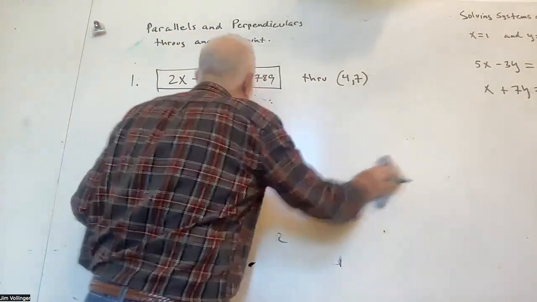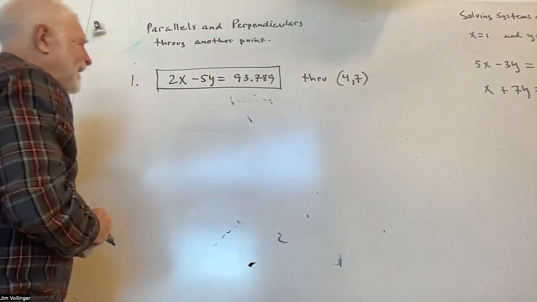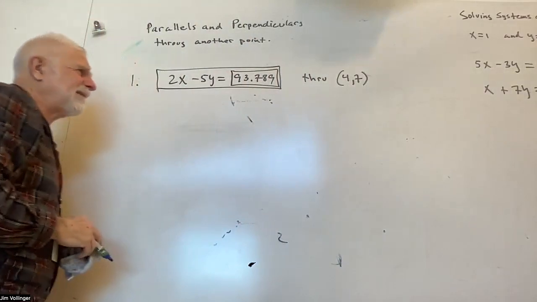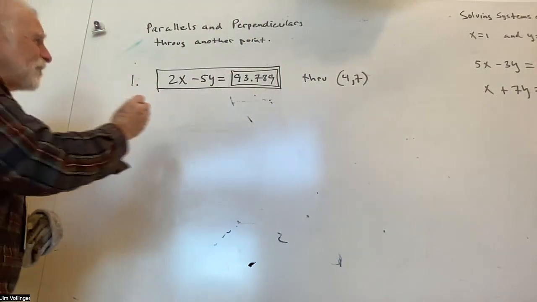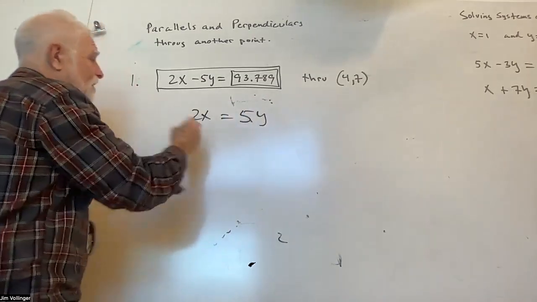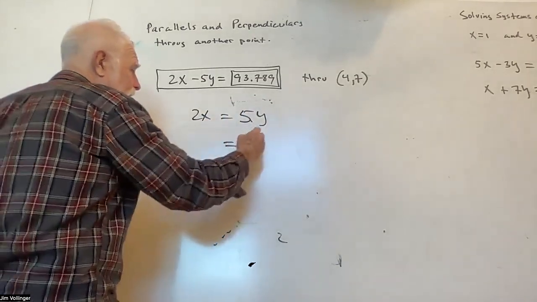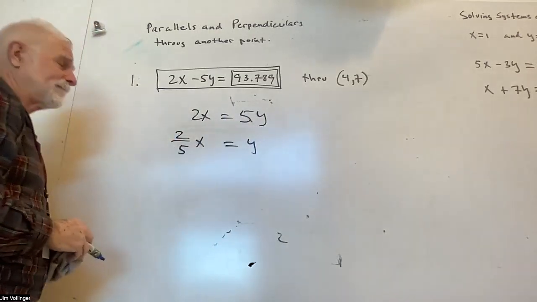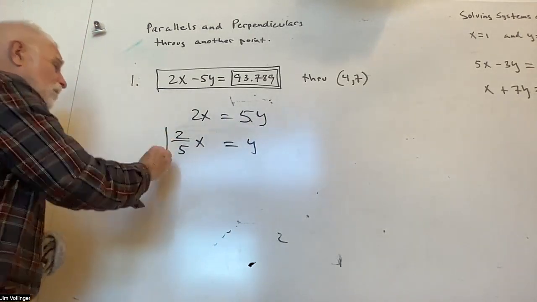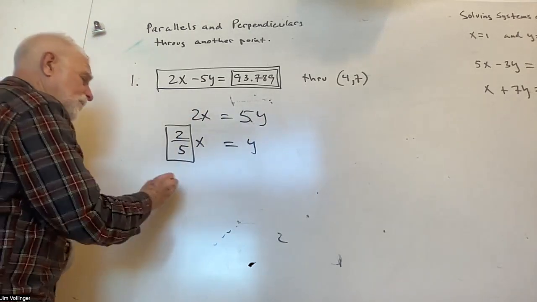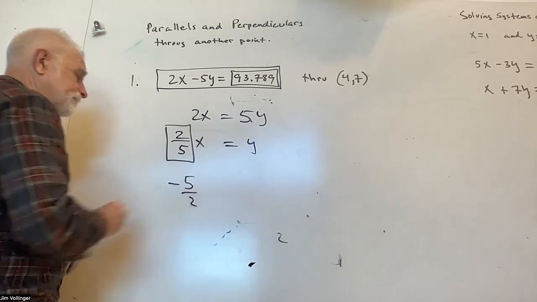So I guess we're going to solve this equation for y, and this constant isn't going to have much play here. So I'm really looking at 2x equals 5y, and y comes from 2/5 of whatever my input is. Well, there's your slope. So it looks like your perpendicular slope is minus 5/2.